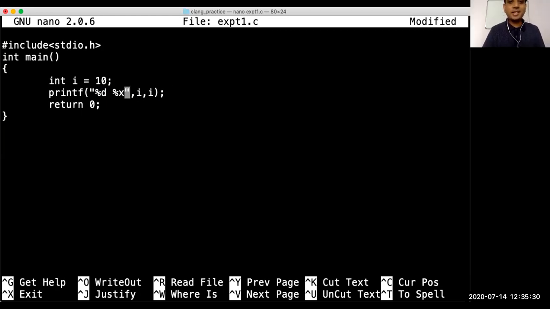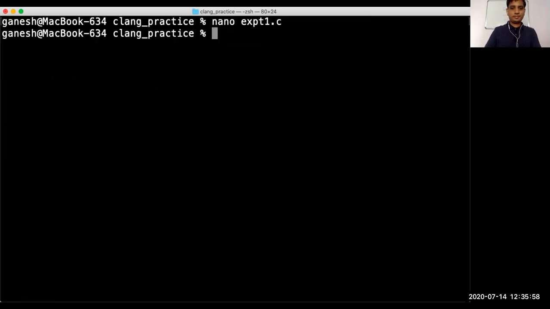Percentage x is the format specifier to print the hexadecimal number of your integer variable. So the i variable is decimal 10. Convert the decimal 10 into hexadecimal. So what is the answer?